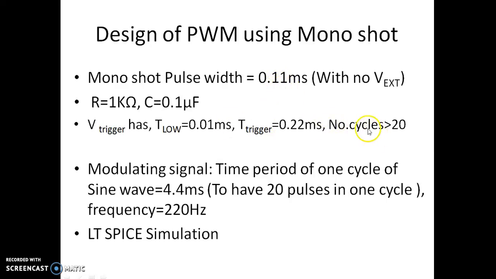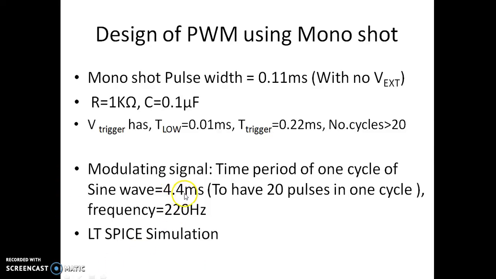Let us have around 20 cycles coming from LTspice, so the number of cycles should be greater than 20. Now we are supposed to connect a modulating signal also to the control voltage. What should be the type of modulating signal? The modulating signal is a sine wave. The time period of one cycle of the sine wave should be 4.4 millisecond.